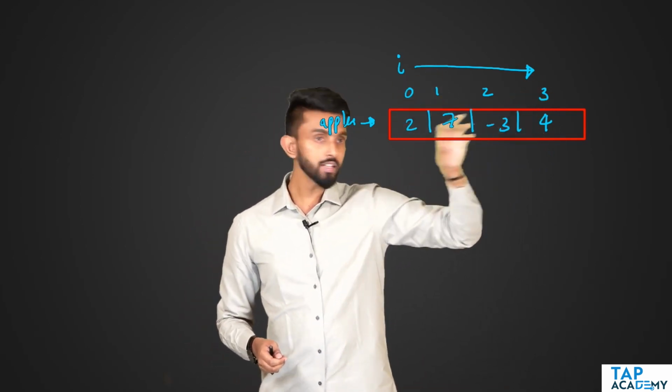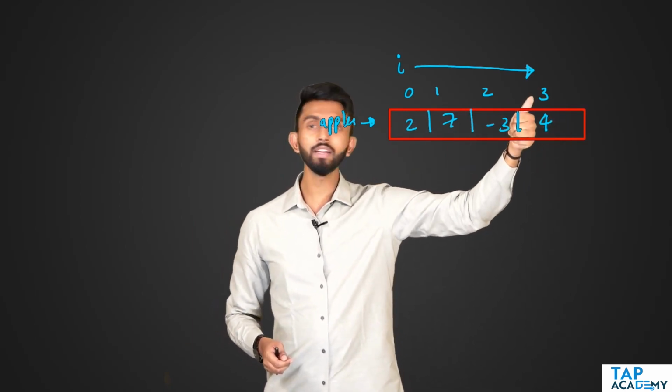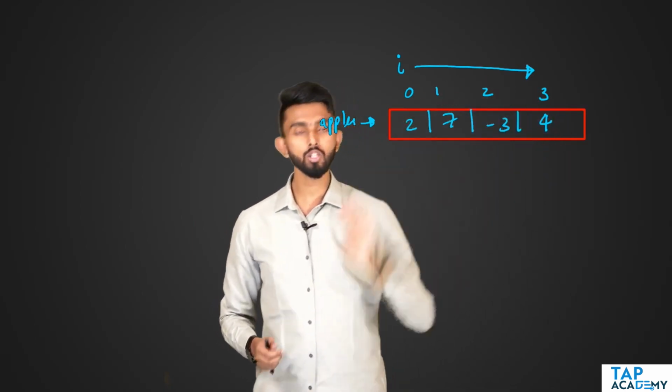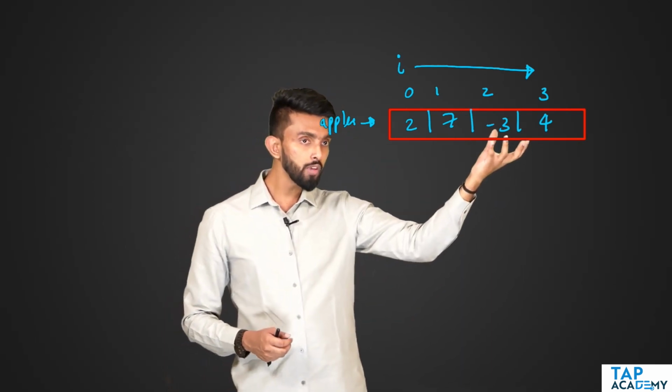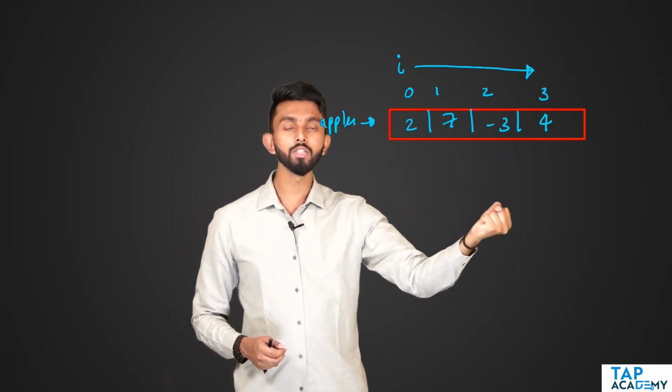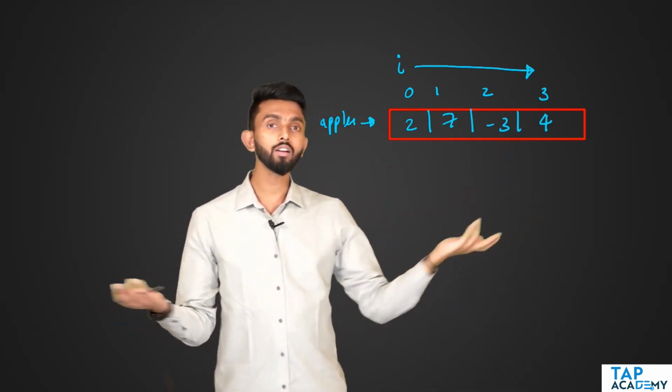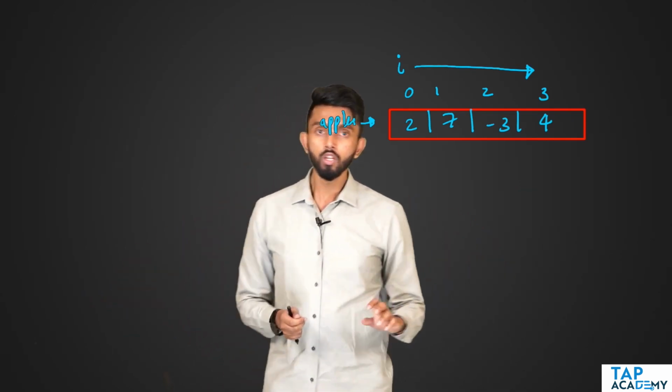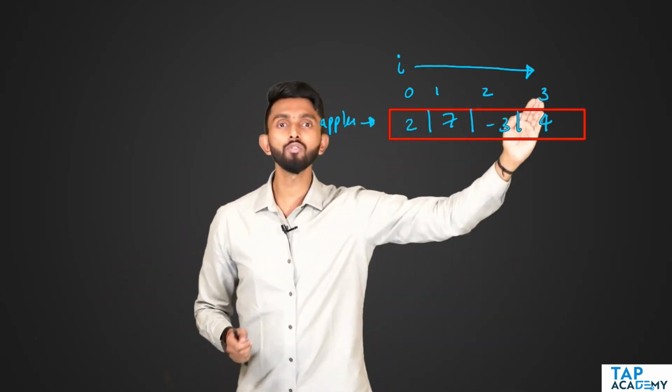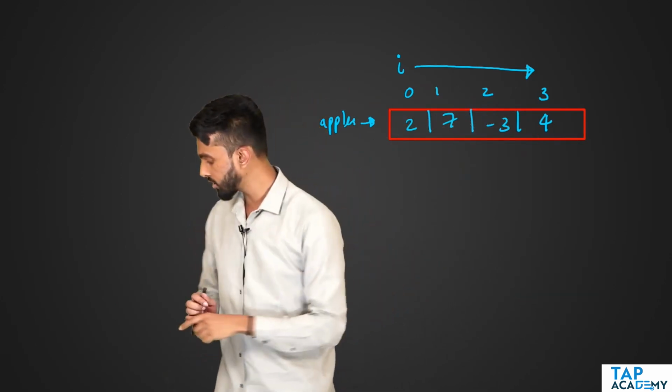So the last index is the number of elements minus 1. Would you agree with me? If there is a way for me to get the number of elements, that is sufficient. So if I make i go till 1 less than the number of elements, it will work.